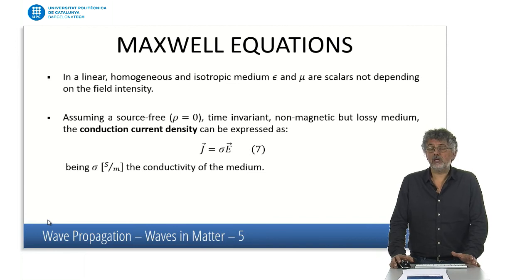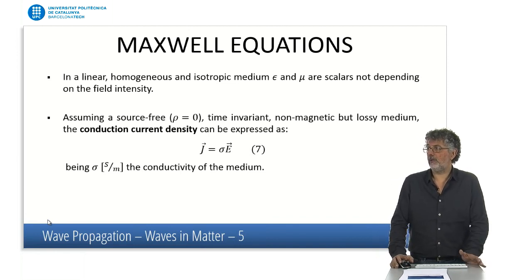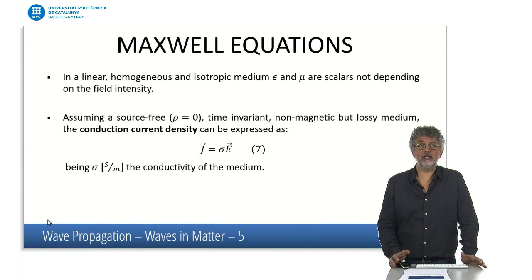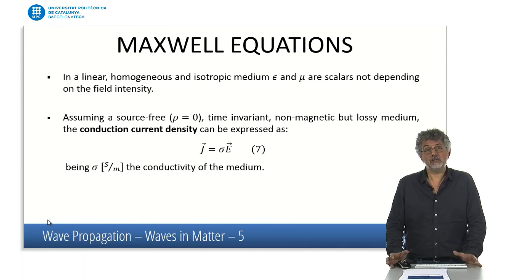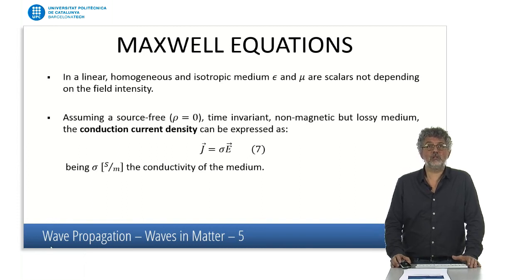If we have a linear homogeneous isotropic media, epsilon and mu are scalars not depending on the field intensity. And if we assume a source-free environment, that is, that the net charge density is 0, but still we can consider that there are free charges that can move, we can express the conduction current density using this expression.